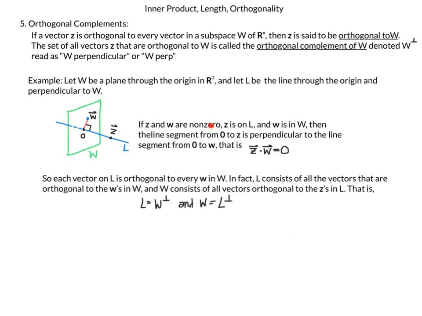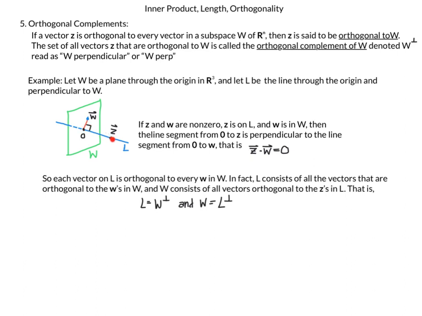If Z and W are non-zero and Z is on L, so we have this vector Z on L, and W is in the plane W, then the line segment from 0 to Z, that's this line segment, is perpendicular to the line segment from 0 to W. And it's perpendicular, so we try to draw this right angle between the two.